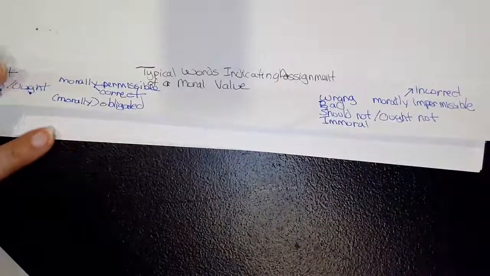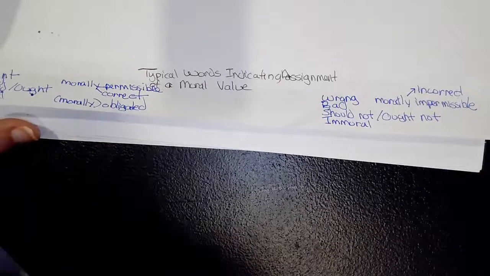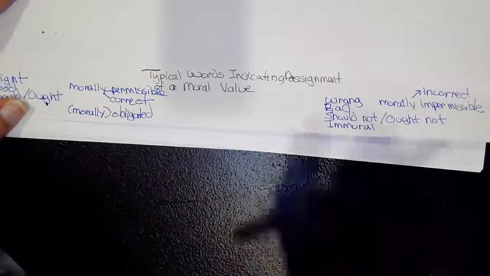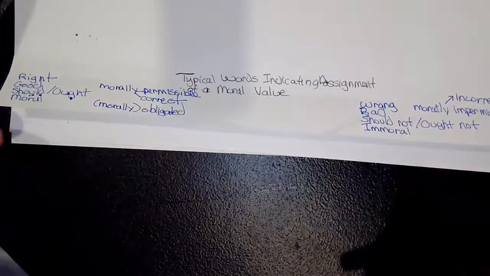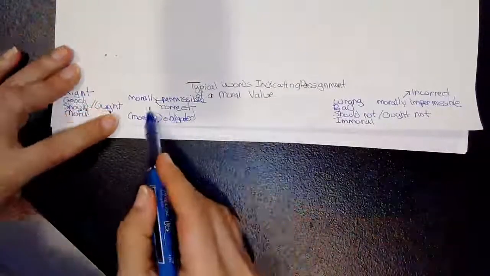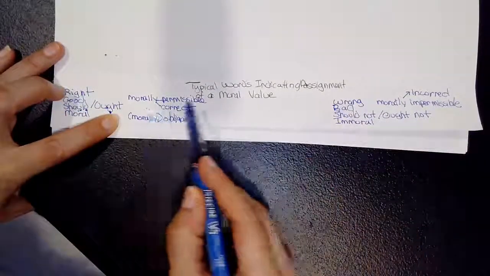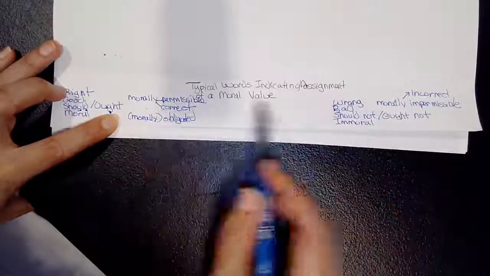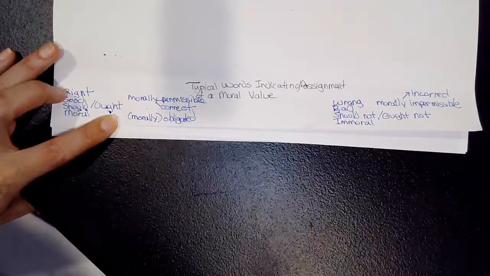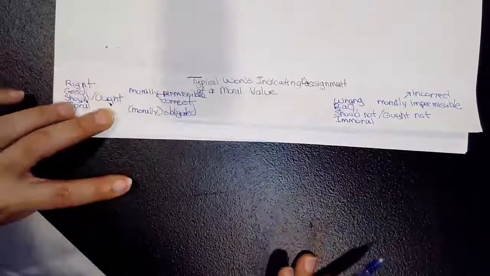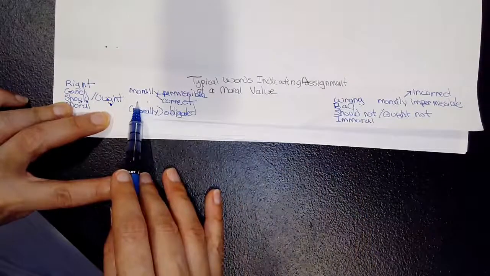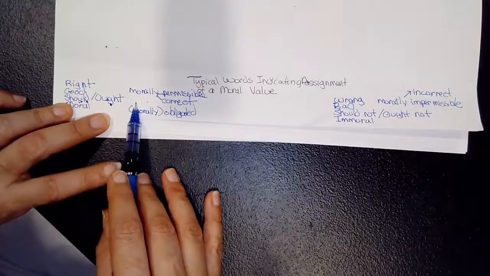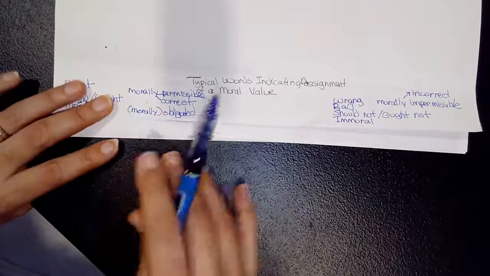So those are some words that you can keep in mind when you're looking for and trying to decide whether a moral value is being assigned to something. That said, keep in mind this important point. Just because a statement has some version of these words in it, that doesn't mean that the statement is necessarily a moral statement. In other words, having one of these words in a statement is not a sufficient condition for deciding whether a statement is a moral one or a non-moral one.